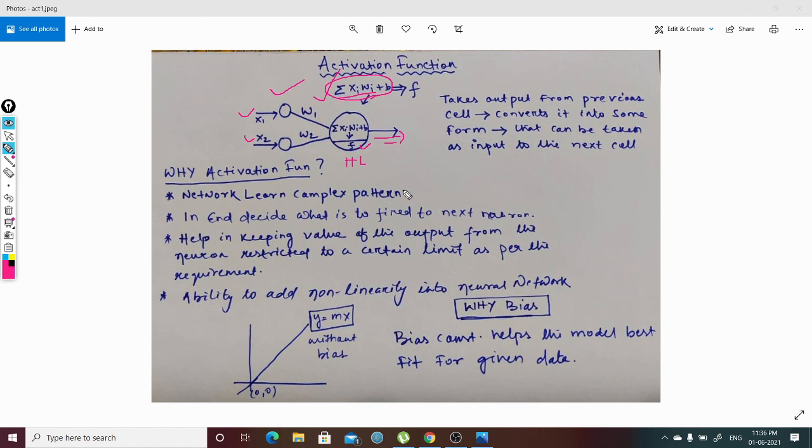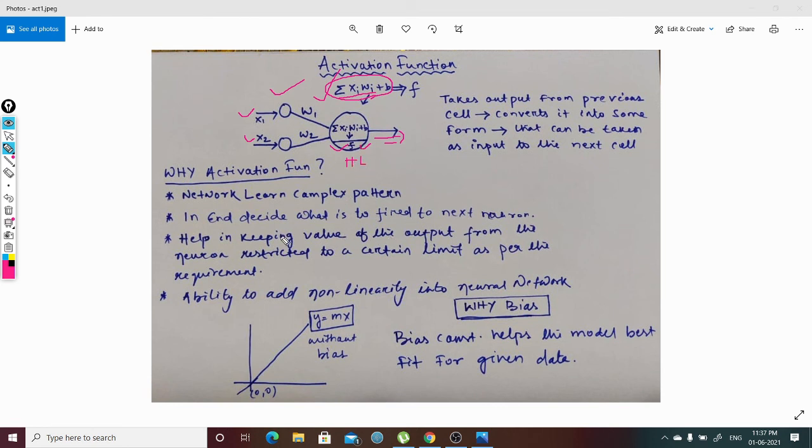So the activation function is responsible for deciding whether to stop or fire that particular neuron or not.